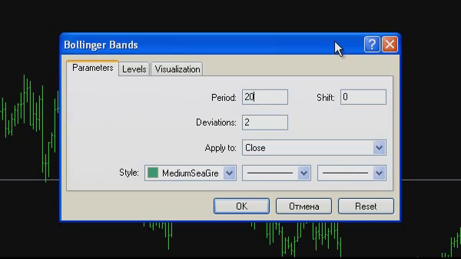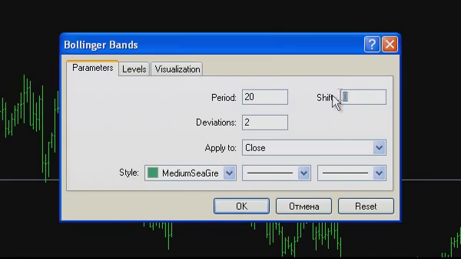This is the time period for which a standard deviation of the price line from the average one is calculated. 20 is a recommended and the most common value. Deviation is a parameter that determines how far away the Bollinger Bands boundaries are plotted from the simple moving average. This distance is measured in standard deviations. The most widely used distance is 2 standard deviations.